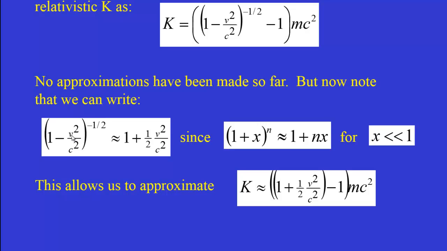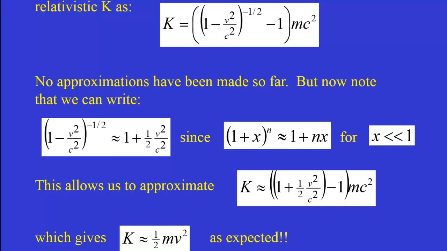So as long as v is small compared to c, that will make x small in this expression, and that's where it's valid. So 1 plus 1/2 v squared over c squared minus 1, well, look what happens. The 1's cancel out, leaving behind a 1/2 v squared over c squared times mc squared. The c squareds cancel out, leaving the familiar 1/2 mv squared as expected.